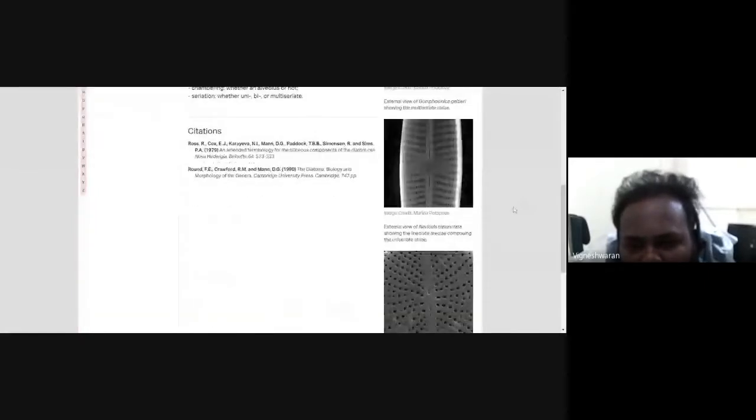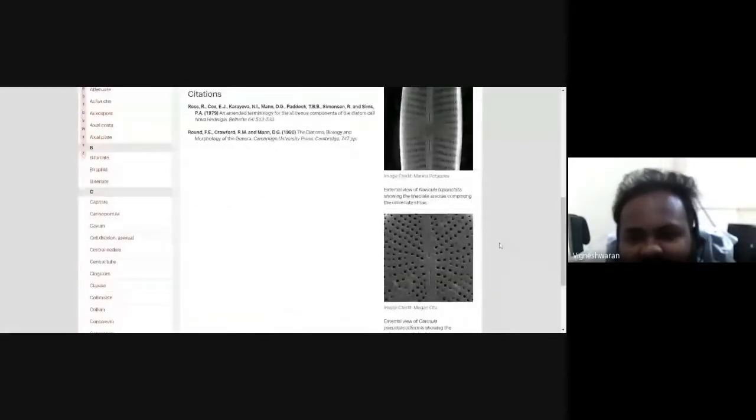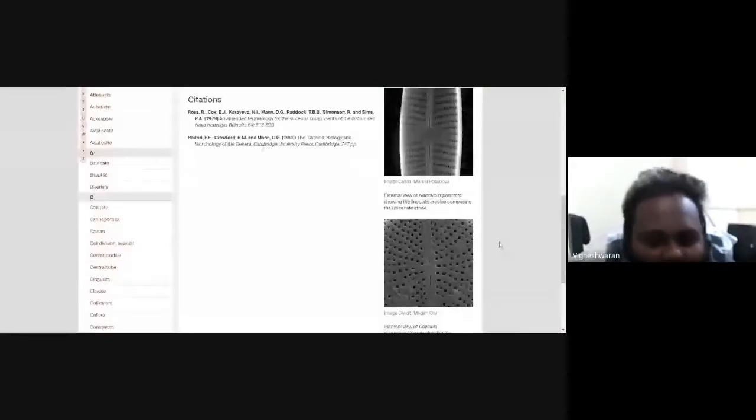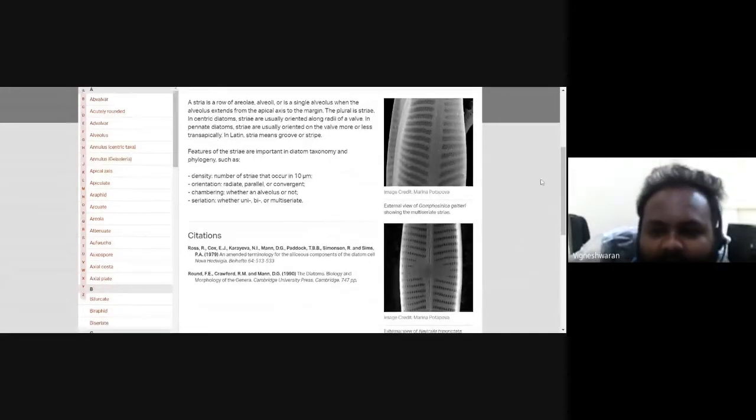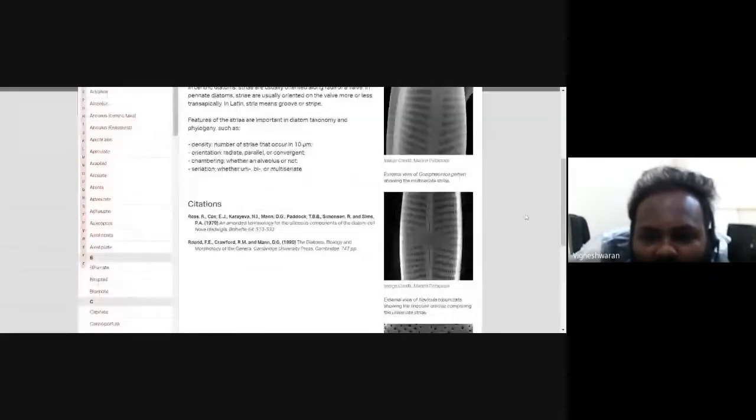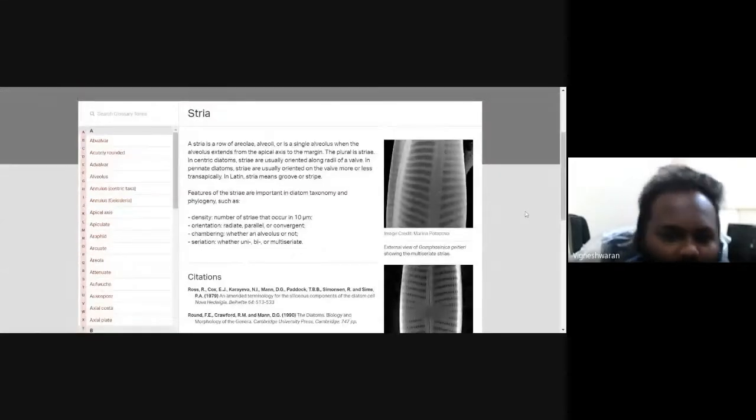Before, what people did was study everything with light microscopy, draw every individual diatom, and make a taxonomic study. But now we are in advancement. Many different types of microscopy came. SEM, scanning electron microscopy, is there. Transmission electron microscopy is there. Then so many things are there.